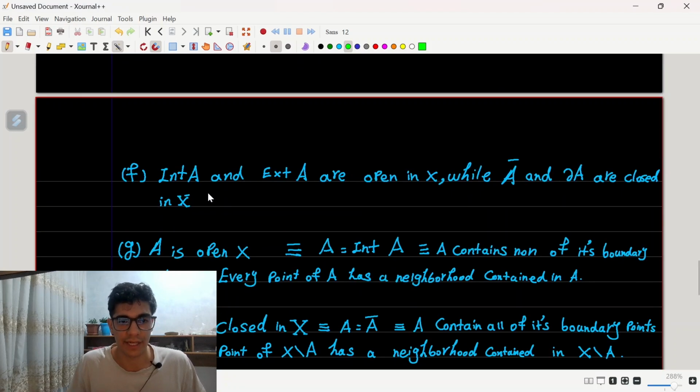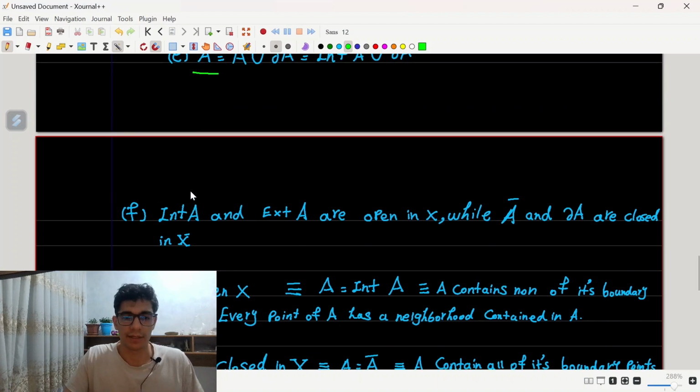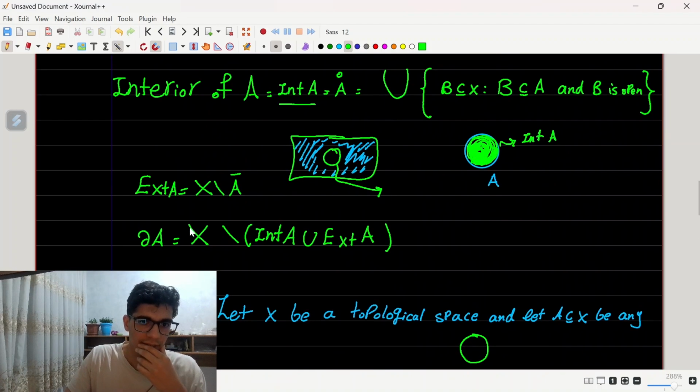Then we have that the interior of A and the exterior of A are open in X, while A bar and the boundary of A are closed in X. Well, this is really simple from this definition right here.